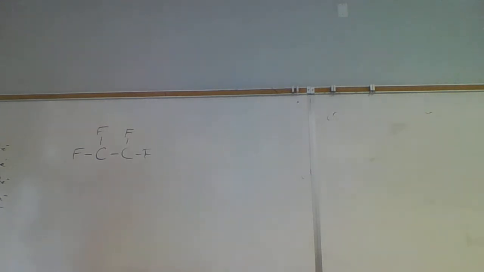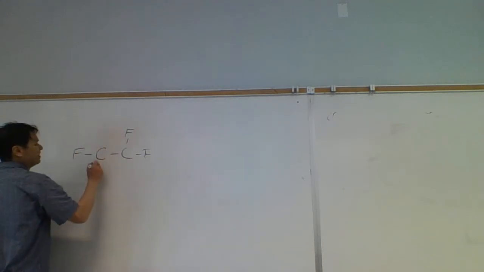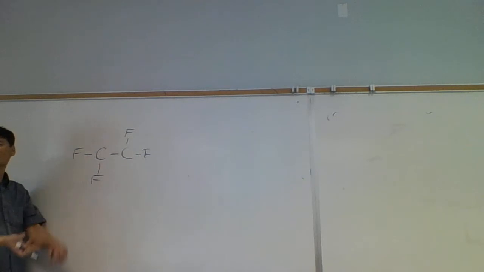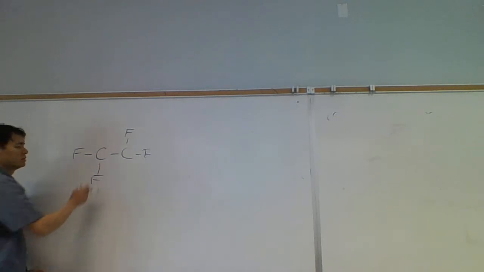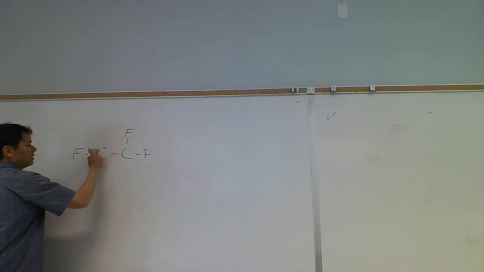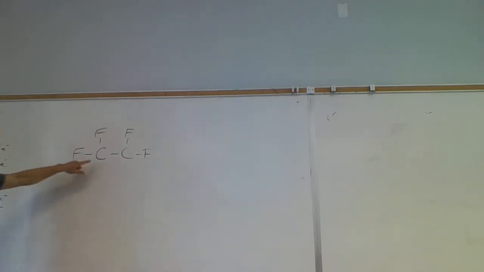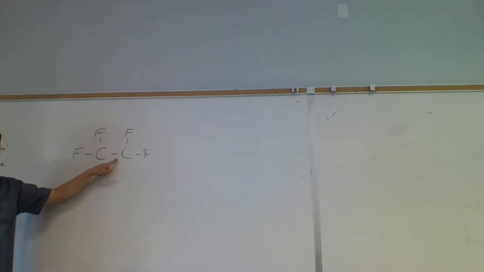Remember, we don't care how I write this. Doesn't matter. I'm going to tweak everything once the structure is written. And so whether you write it down or up, I don't care. Later on, we'll see what the structure is. Because right now, it looks like the FCC angle is 180, and the FCF angle is 90.